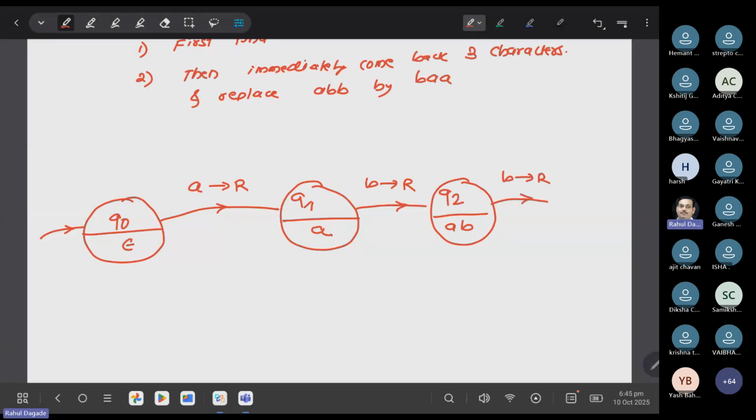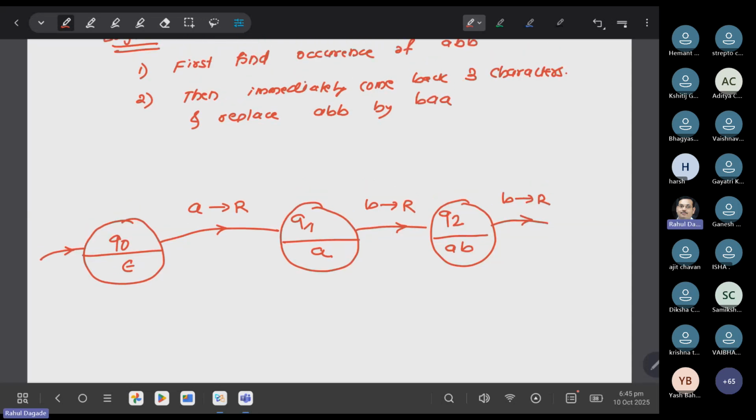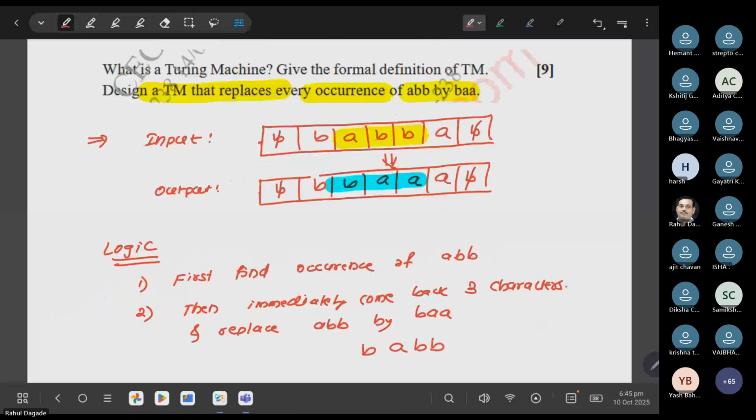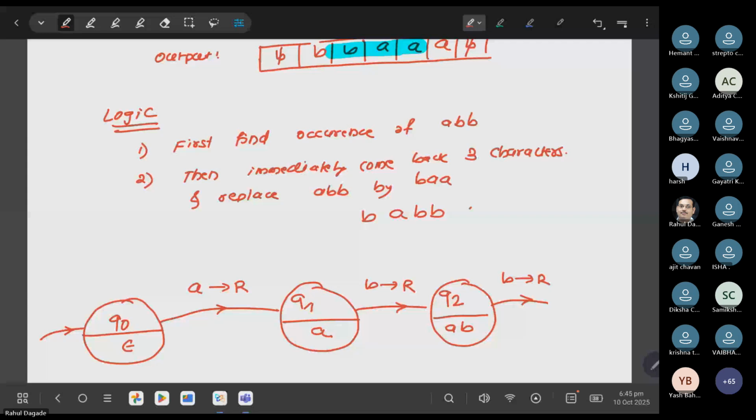No, there is no need to go to right because B is there. So we will come to left. Input is B, A, B, B, and then A. So you are initially here, then you come here, then come here, then come here.